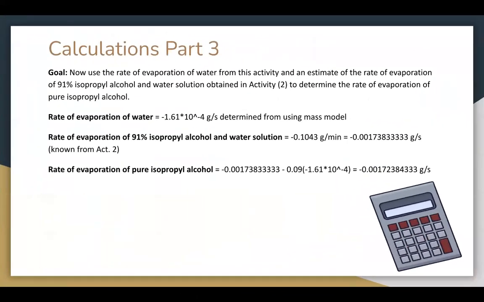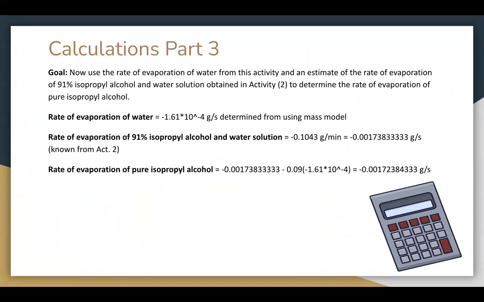Now that we were able to find the rate of evaporation of pure water, we also found the rate of evaporation of a 91% isopropyl alcohol and water solution, which was negative 0.143 grams per minute.